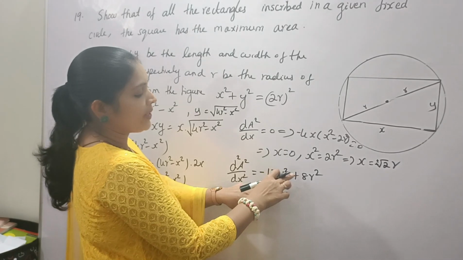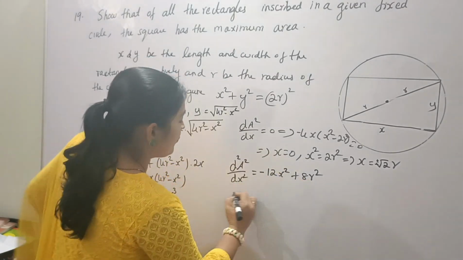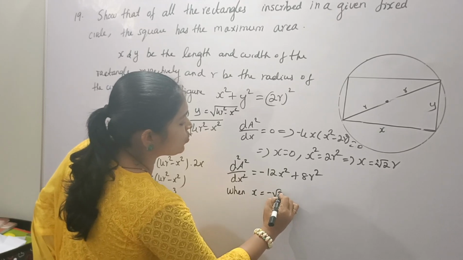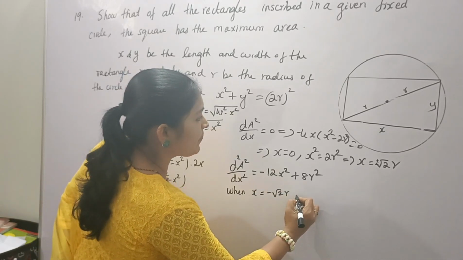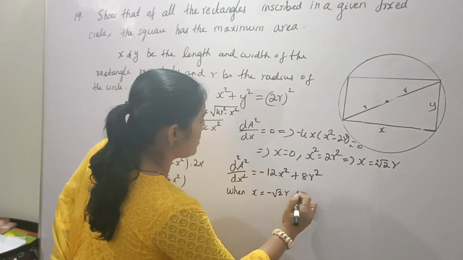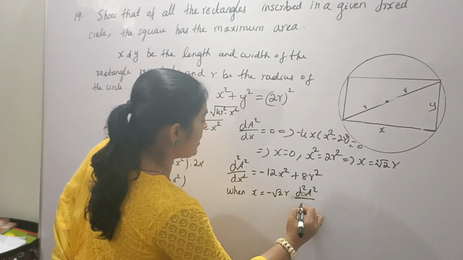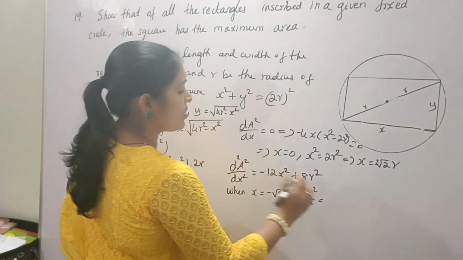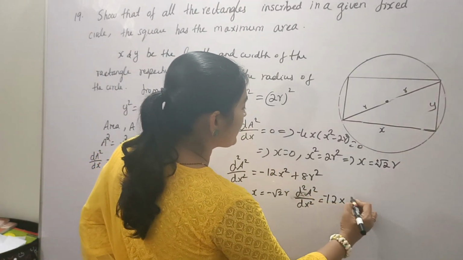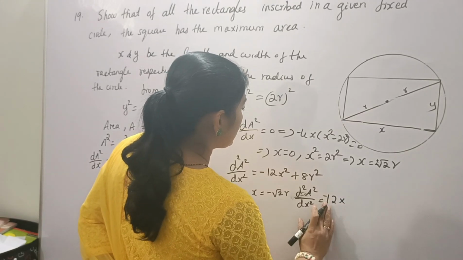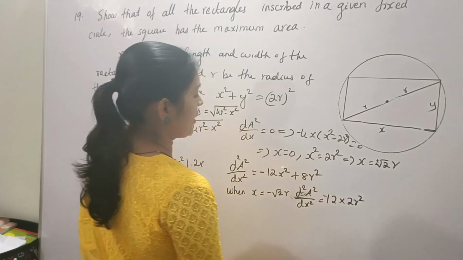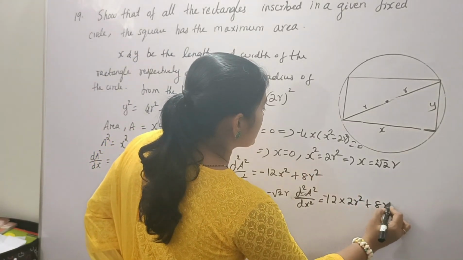So when x is equal to minus root 2r, x square will be 2r square, so d square A square by dx square is minus 12 into 2r square plus 8r square.